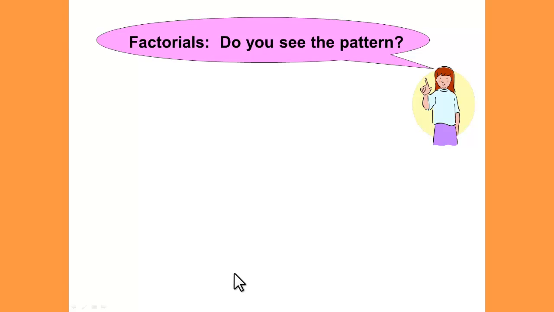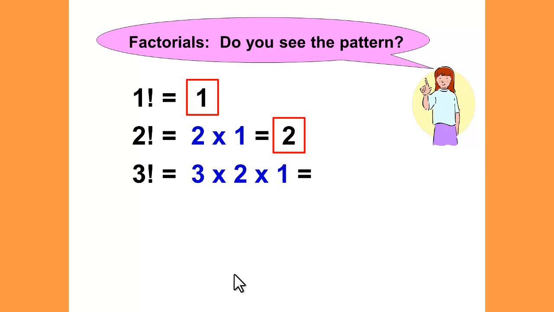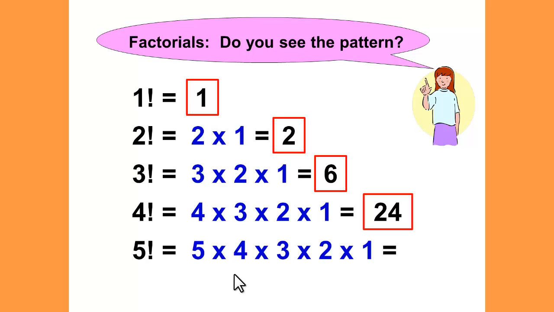In looking at factorials, we're going to look for a pattern. In 1 factorial, we have just 1. 2 factorial is 2 times 1, which gives us 2. 3 factorial is 3 times 2 times 1, which is 6. 4 factorial is 4 times 3 times 2 times 1, which is 24. 5 factorial is 5 times 4 times 3 times 2 times 1, which is 120.